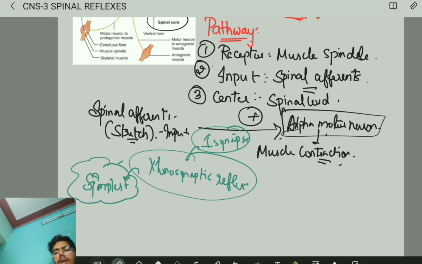Only one synapse is needed for the alpha motor neuron to cause stimulation, and that causes muscle contraction. Very simple. Monosynaptic reflex. Very important. Did you understand? Fine.